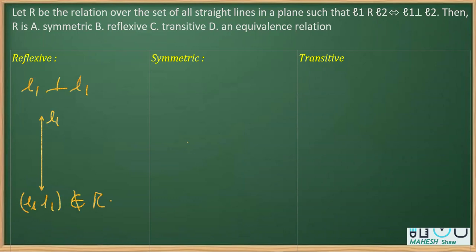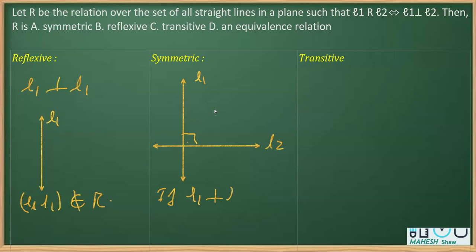Now, for checking symmetric, I'm taking a line L1, and I'll take the line L2 in such a way that L1 is perpendicular to L2. I took these two lines, naming this as L1 and this as L2. So clearly, if L1 is perpendicular to L2, it also implies that L2 is perpendicular to L1.